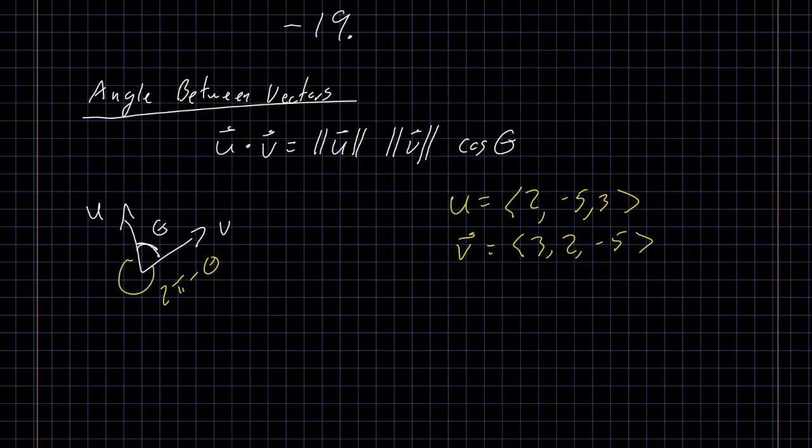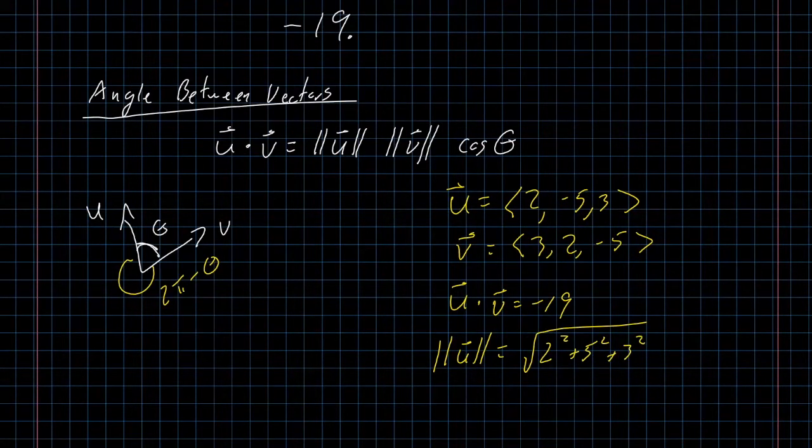And we know that u dot v is -19. So in order to figure out the angle between these vectors, we also will need the magnitude of u, which is going to be the square root of 2 squared plus 5 squared plus 3 squared. 2 squared is 4, 5 squared is 25, 3 squared is 9. 4 plus 25 is 29, plus 9 is 38.